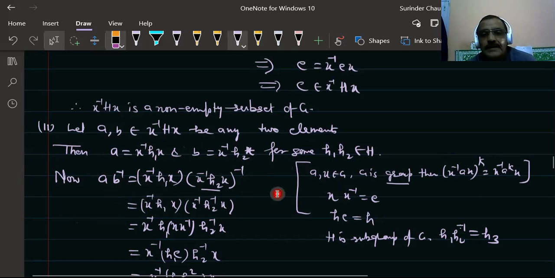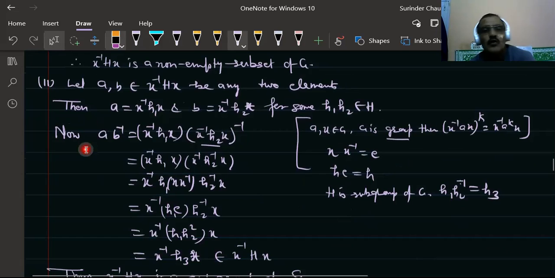Now x belongs to G, which is a group. Therefore x inverse x is equal to e, and h into e is equal to h. H is a subgroup of G, therefore h1 h2 inverse belongs to H. Now put the values of a and b and apply the associative law.